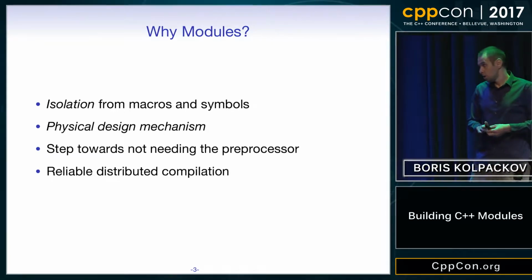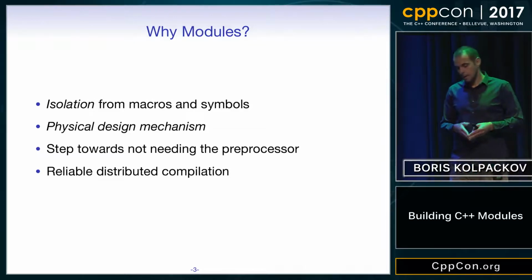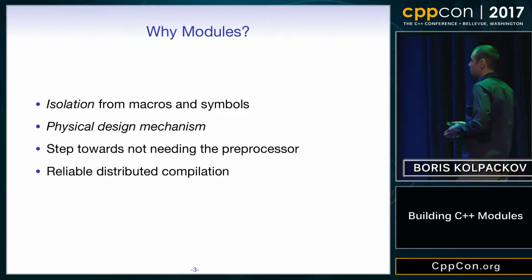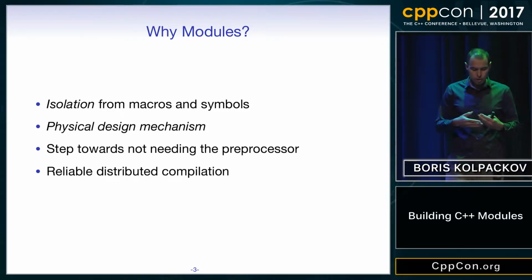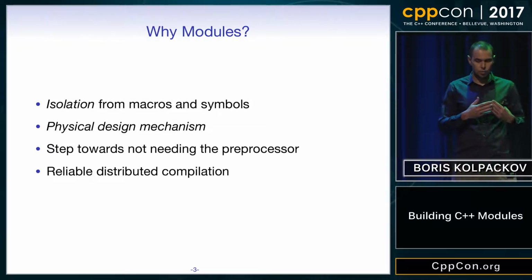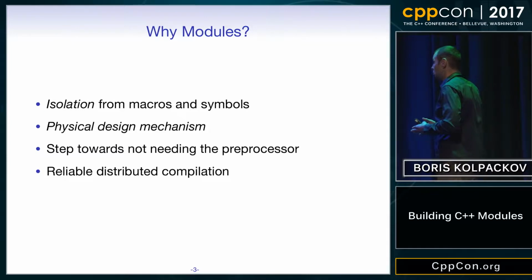Okay, so let's just dive in. Lots of ground to cover. Why modules? First question. What are the benefits? Well, modules provide isolation from preprocessor macros as well as other module symbols. Modules also force us to explicitly export entities that should be visible to the module consumer.